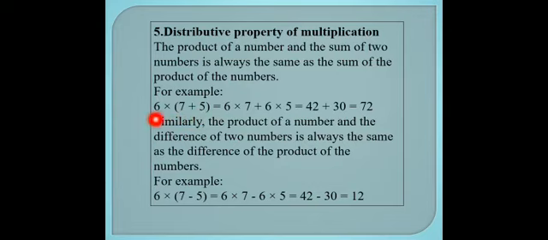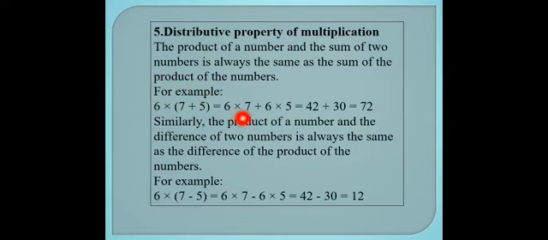Now the distributive property, as its name shows, is the distribution of the number, which means we are distributing here 6 multiplied by 7 plus 6 multiplied by 5. So the 7 and 5 get distributed and multiplied by 6.